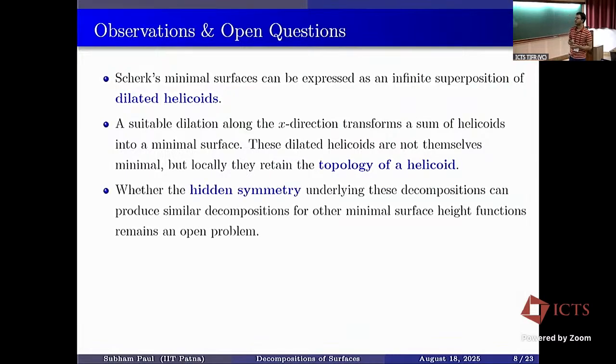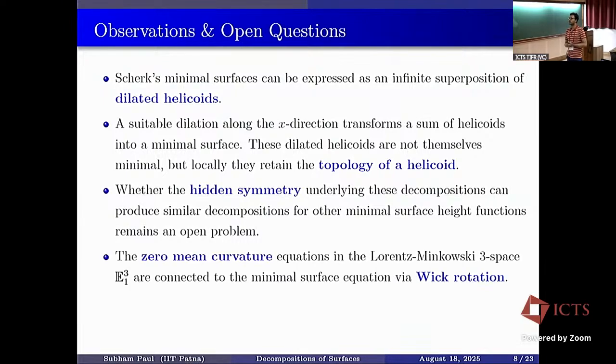Now the question is that, due to some hidden symmetry, this decomposition is possible for Scherk's minimal surface, but whether such symmetries also exist for other minimal surfaces or not, that was the open question.